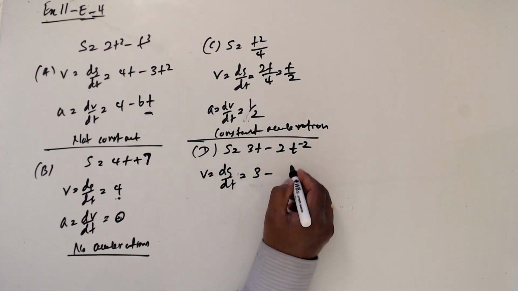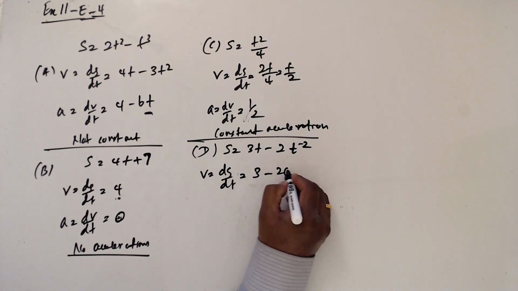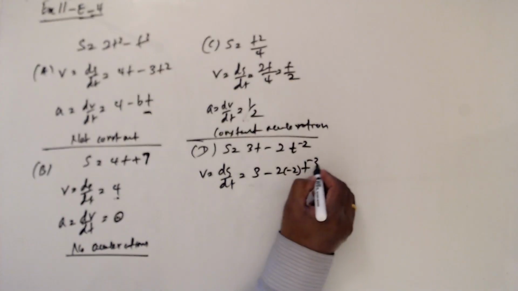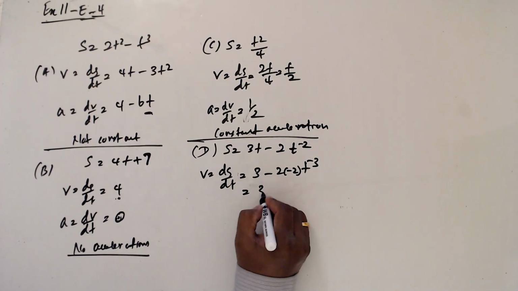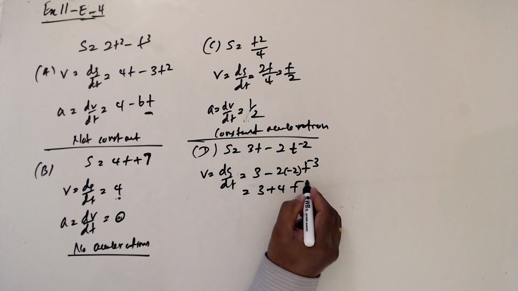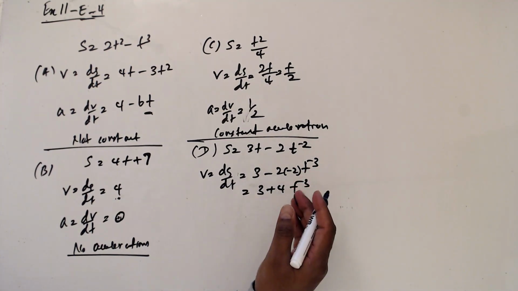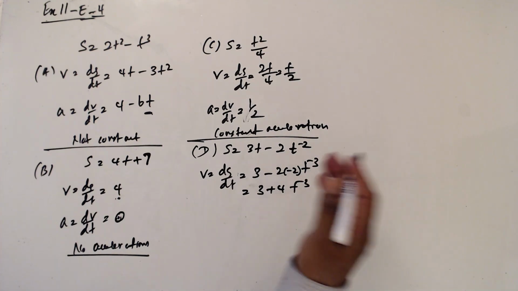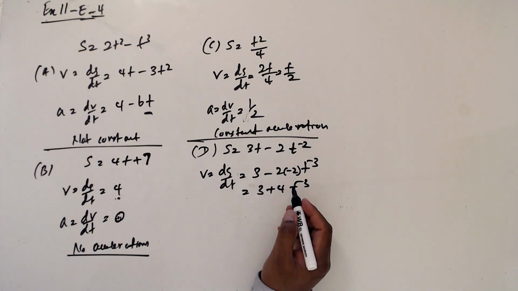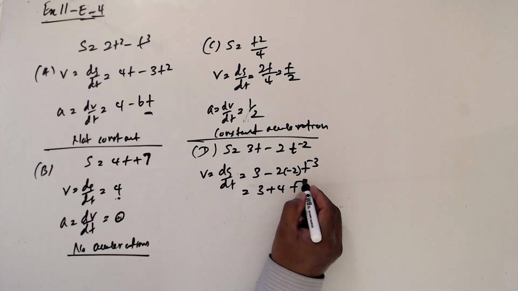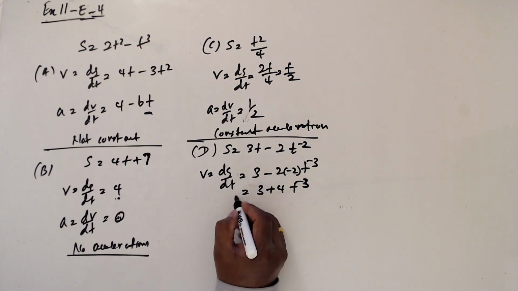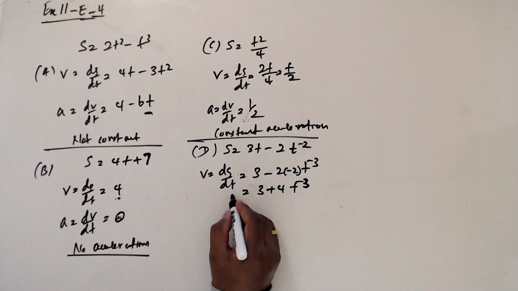This is 3, this is 2 minus 2, t minus 3. That is going to be 3 plus 4, t minus 2. So we can see that when we differentiate, this is expanding. The t value is increasing, the t power negatively increasing. Then this is v.